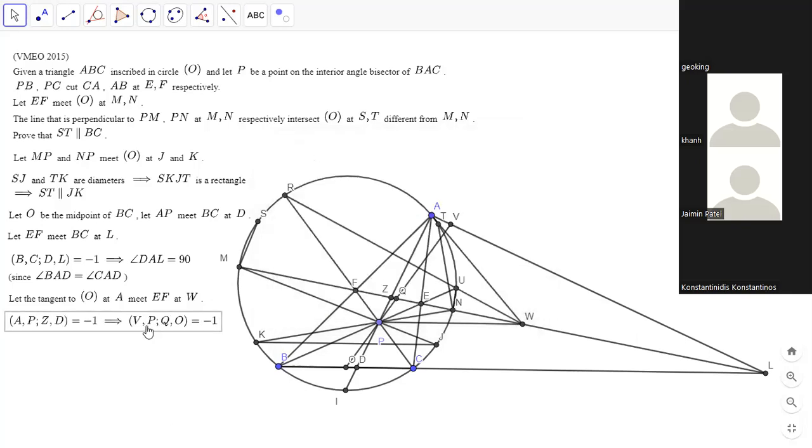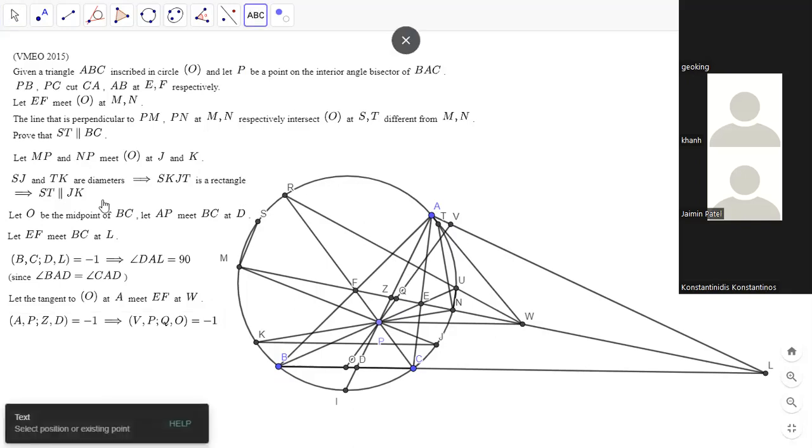And then we can project through P, or wait a sec. Sorry, what do we do after that? I'm trying to remember. Oh, so we want to show AQ and AO are isogonal. Oh, because angle PAL is 90. Then that means that AQ and AO are isogonal.